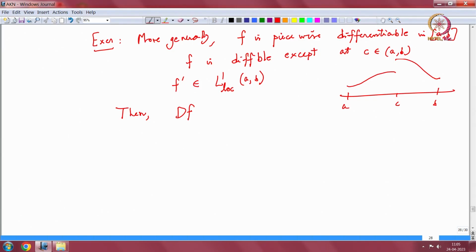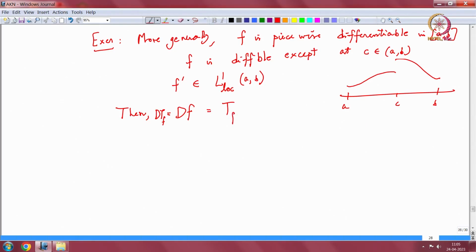So, the computation of your Df, which I sometimes write as D_T f, is the same as the distribution, because f prime is locally integrable. So, f prime defines a distribution.